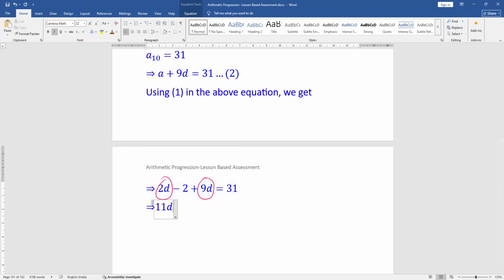And this minus 2, I move it to the right-hand side. So that means I get 31 plus 2.